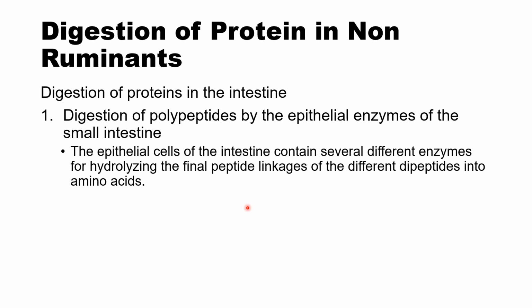So, doon sa mismong small intestine, may mga enzymes that will break down yung peptide linkages of the different dipeptides into amino acids. So ito yung amino acid yung kailangan natin. Ito yung pwedeng i-absorb ng body para sa nutrients natin. So yun yung gagawin sa small intestine.